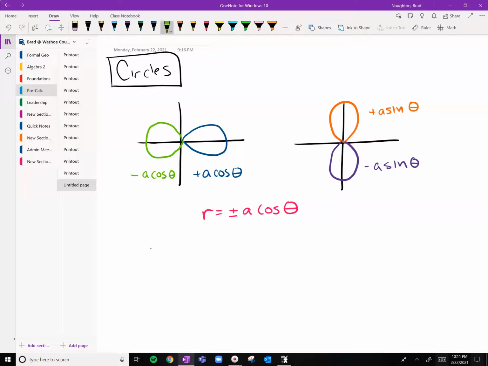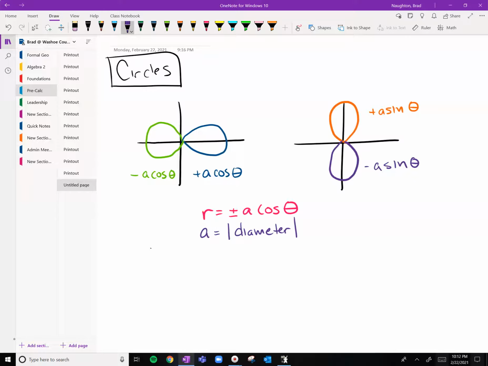So this first part you probably are all good with, okay? Circles: if it's a negative cosine, positive sine, negative sine, that's how your circles should look. I know these are not great circles, but this is our equation, and then A, as I've written in all here, is going to be the absolute value of your diameter. The negative just tells you which direction you're going to go in.